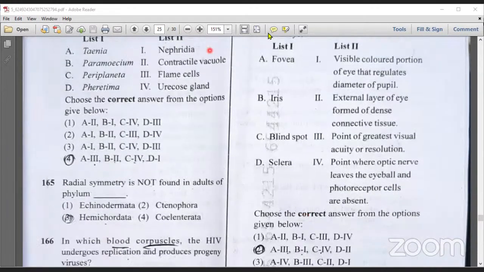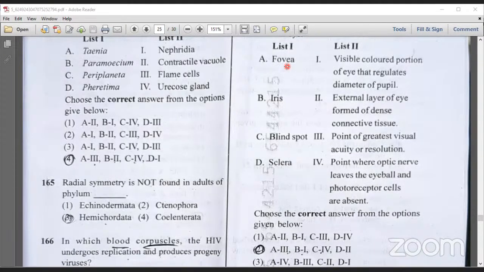And 169. We are supposed to match the parts of the eye with their position and function. The fovea is the region where good visual resolution is found. The iris is the visible colored portion of our eye.